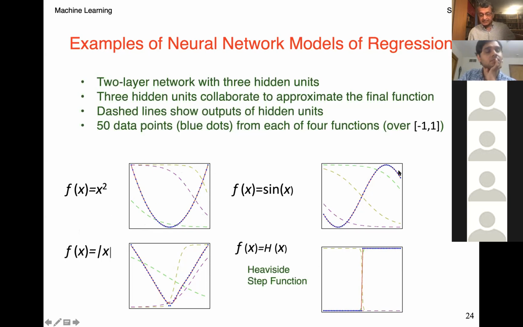Similarly, sin x over here is the weighted addition of these 3. And this is f of x equal to absolute value of x, which is this kind of function. That again shows you what the hidden units look like. And you can get a Heaviside step function, 0 and 1 like that. That also has, look at this component here, some dotted line coming like that, and together they add up.